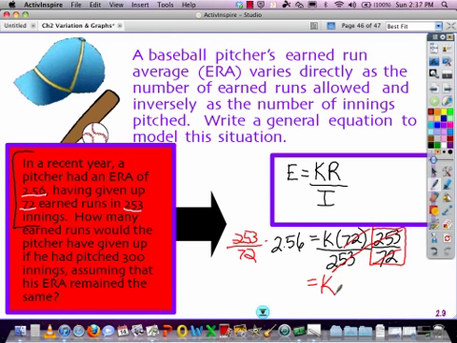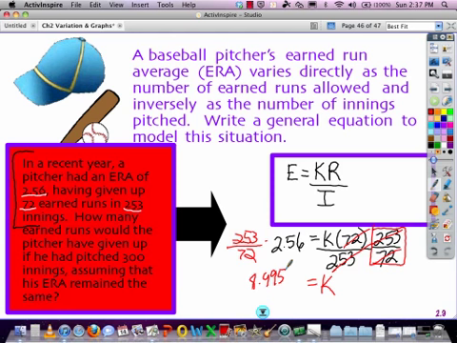And I'm just going to double check mine. So if we round to the nearest hundredth, I'm looking at about a 9. If we don't, we've got 8.9955555.